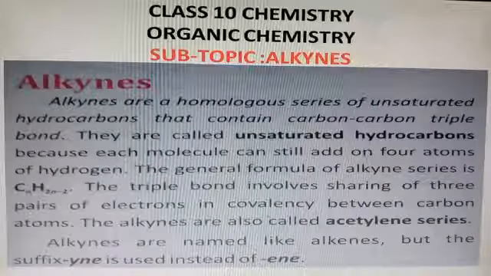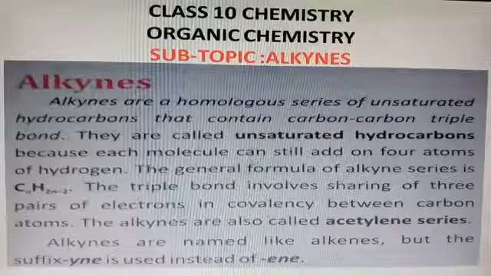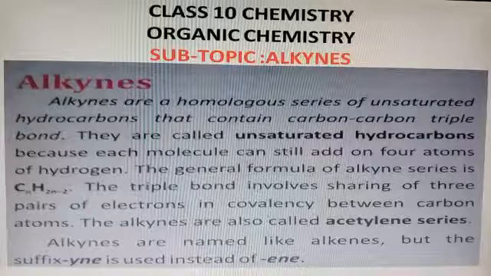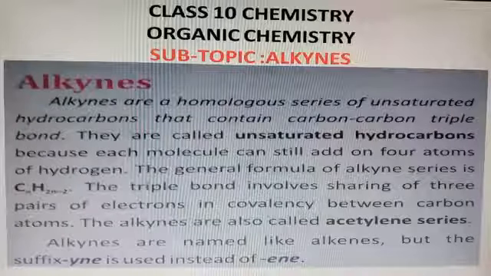So methane does not exist. The first member of the homologous series alkyne is ethyne, because it has 2 carbon atoms where we can show a triple bond. The triple bond involves sharing of 3 pairs of electrons in covalency between carbon atoms.